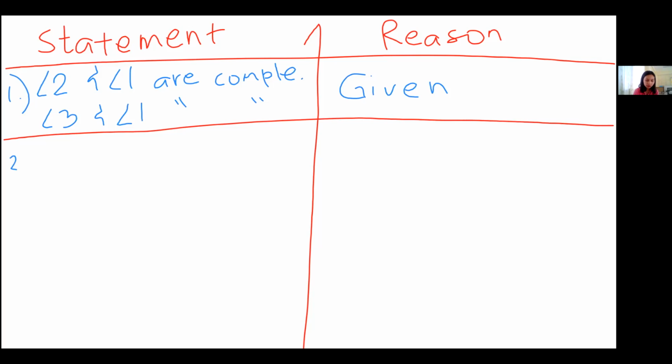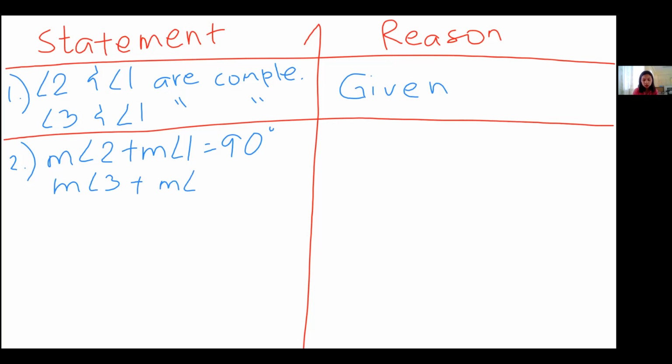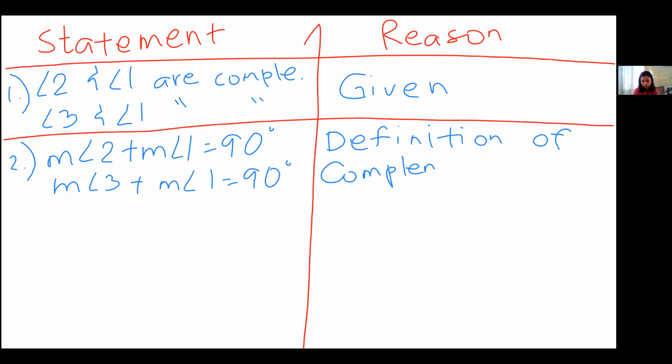Next po, iwalay natin para mas makita natin yung division. For number 2 naman, yung measurement daw ni angle 2 kapag inadd sa measurement ni angle 1 is equal to 90 degrees, as well as yung measurement daw ni angle 3 kapag inadd kay measurement of angle 1 is also equal to 90 degrees. So this is by the definition of complementary angles. Next, dito na tayo.